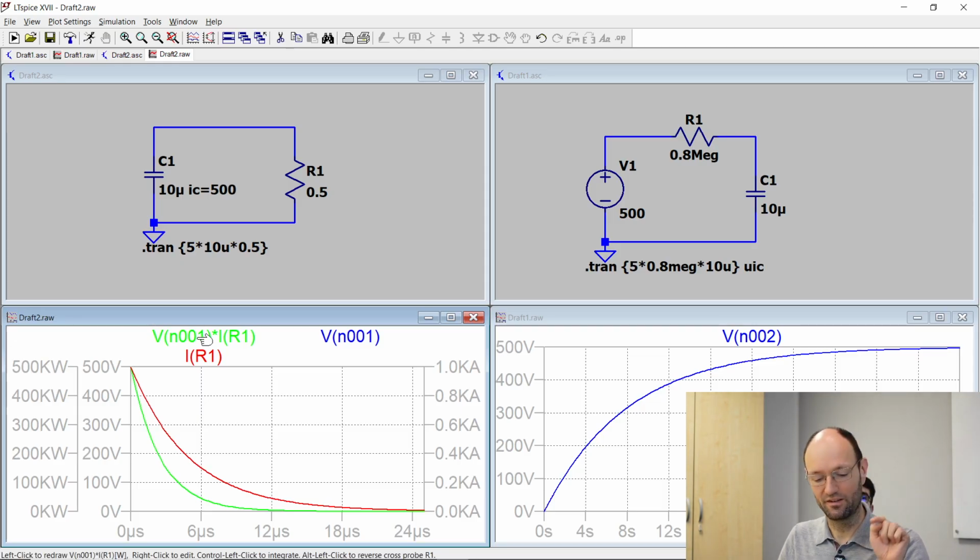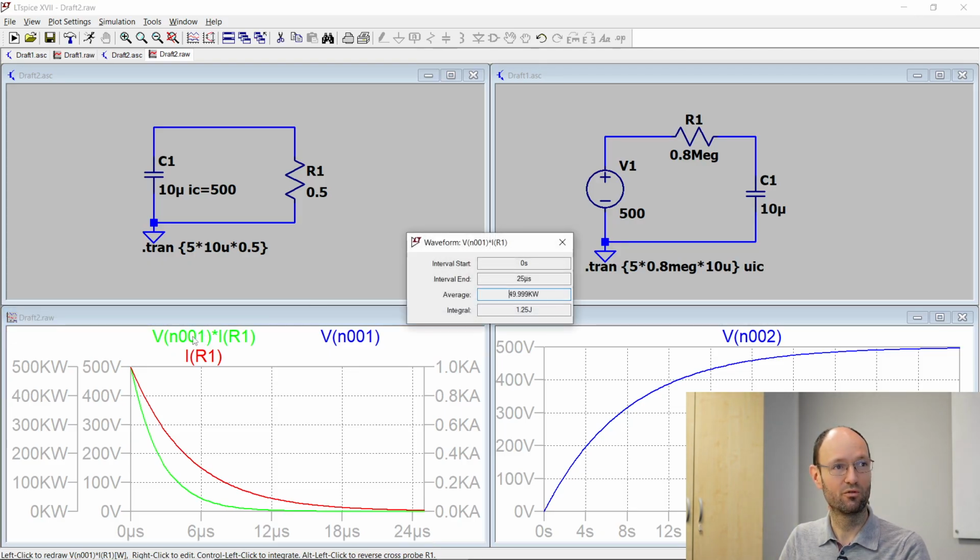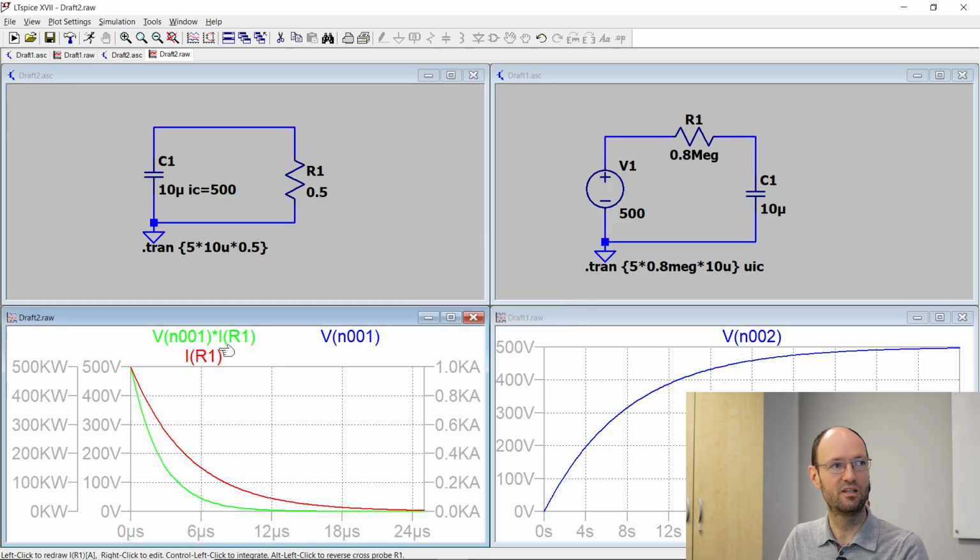And then there is a nice function in LTspice that you can integrate this over time. And I never know with which button it works. I think if you press Control on the keyboard, exactly. So if you press Control on the keyboard and click on this, I think if you check the menu here, it says right click to edit, Control left click to integrate.